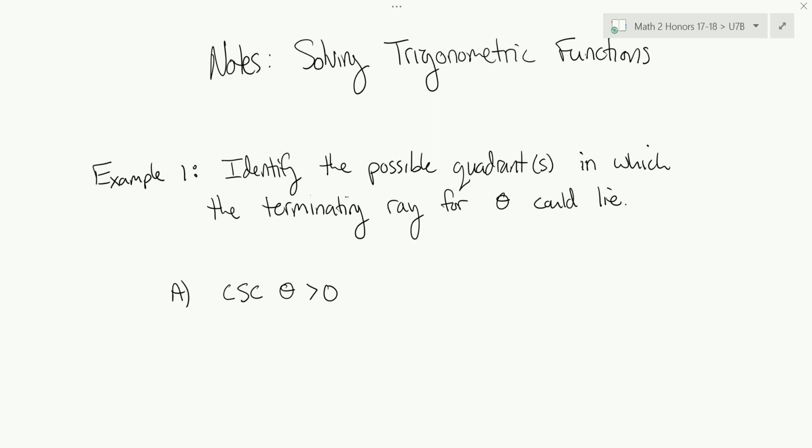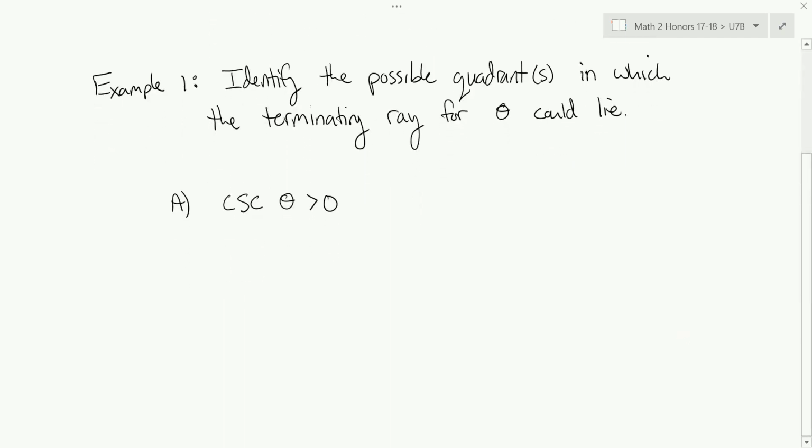There are four quadrants. I'm not telling you what theta is, but I'm telling you that the cosecant of theta is greater than 0. In which quadrants could that happen? You need to think about the unit circle.